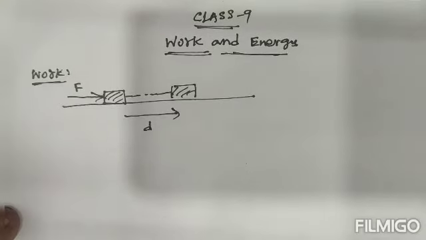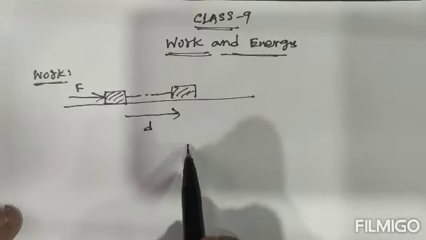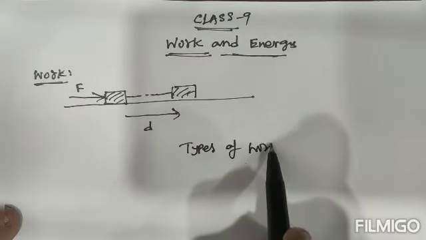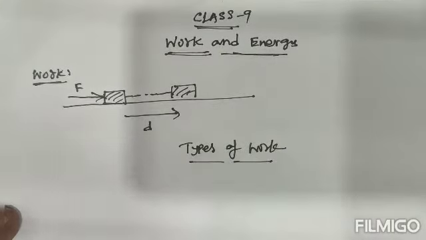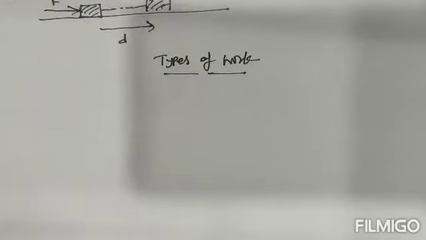So very well, there are different types of works. That only I am going to discuss now. So that is types of work. Generally there are three types of works.